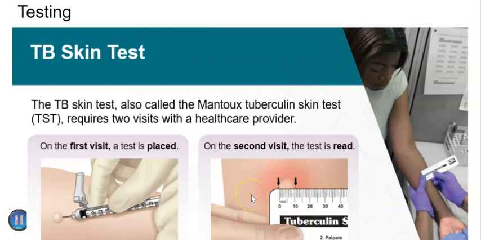And what that tells the healthcare provider is your immune system has seen that bacterium before, and so it is quickly mounting an immune response to the antigen, the calling card of the bacterium. If you've never experienced tuberculosis bacteria before, you really won't see any sort of a response.